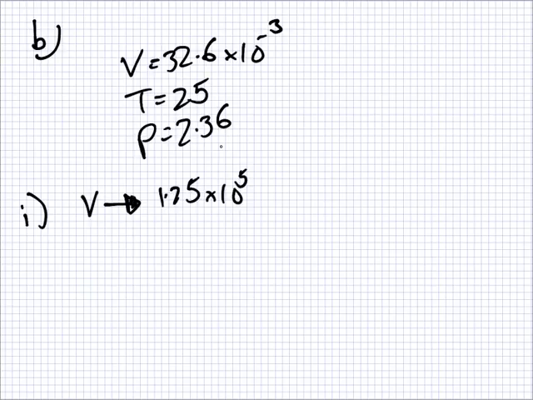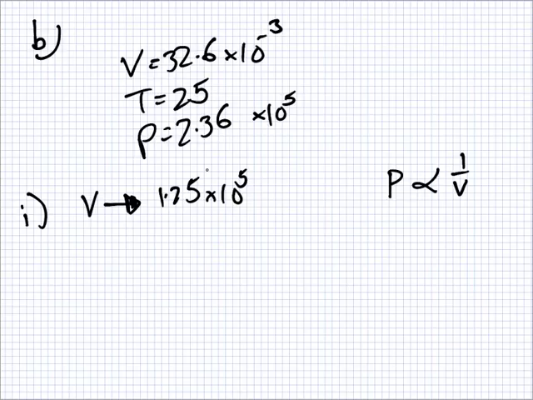And what has happened to the pressure? So what's the relationship between pressure and volume? P is proportional to 1 over V. So what has happened to the pressure? It went from 2.36 times 10 to the 5 to 1.25. Has it increased or decreased?